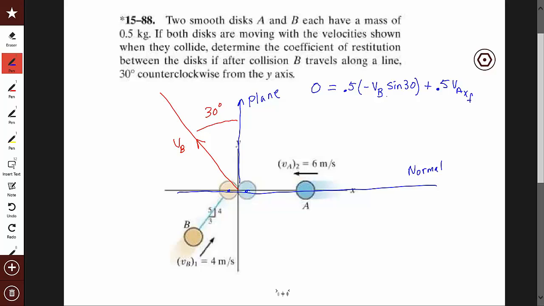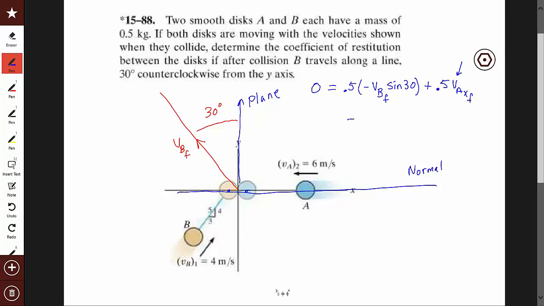Maybe I should put an F on this VB to say that's final. That's the velocity of this guy after the collision. And I don't know which way VA is going at the end. I'm just going to solve for it, and if I get a positive, that means I'm correct. It's going to the right. Negative, I'm wrong. But anyway, okay.